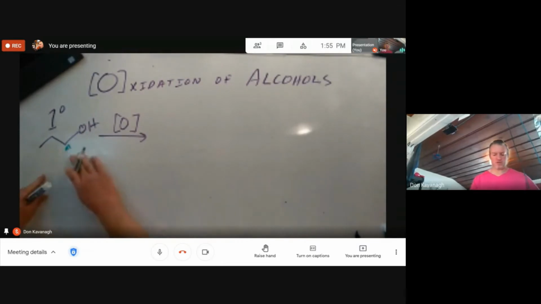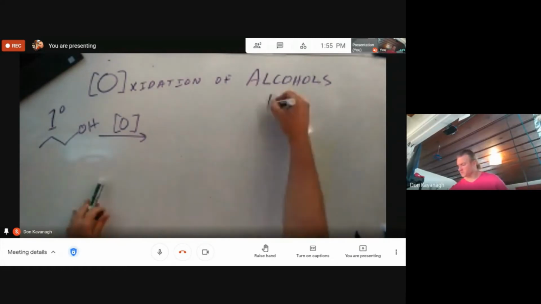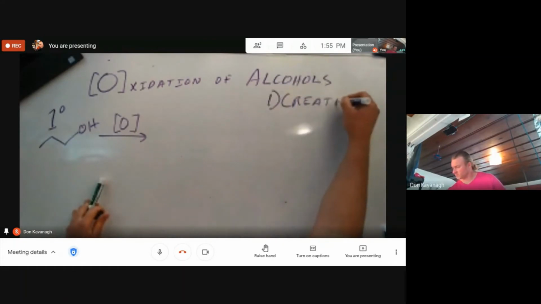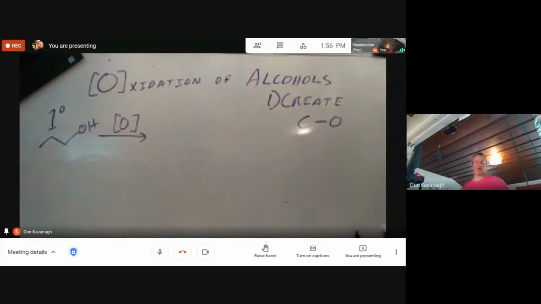Now, oxidation reactions, in short, they create carbon-oxygen bonds, and in the same breath, they also destroy carbon-hydrogen bonds.